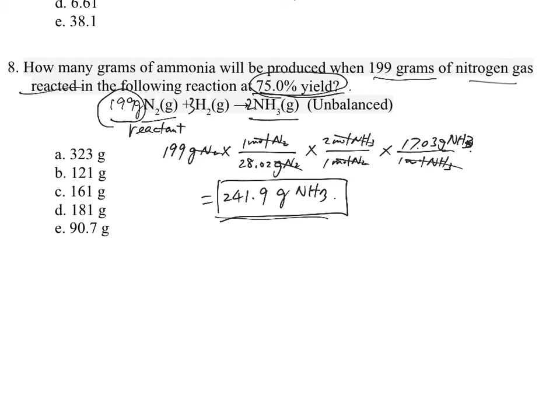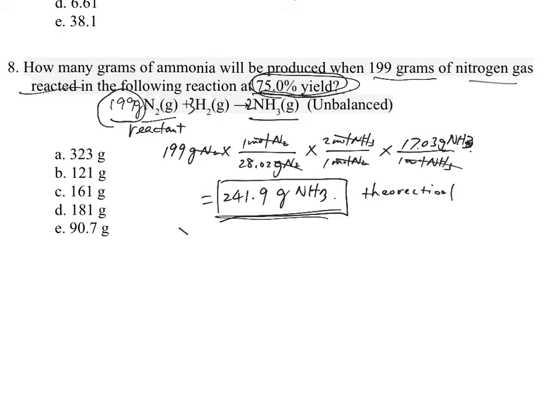But is every single molecule of nitrogen turning into ammonia? Well, obviously it's not. 75% yield means 25%, a fourth of your reactants, are actually lost along the way. So this is how much product you can get on paper when every molecule changes. On paper, that means theoretical yield.